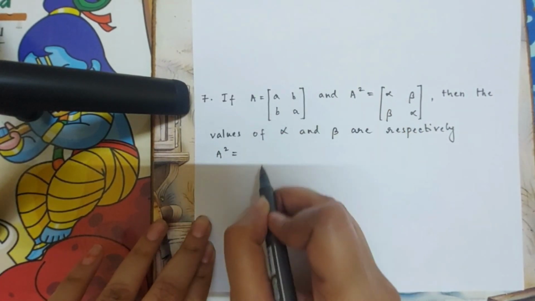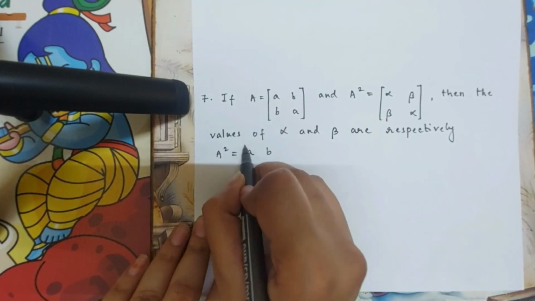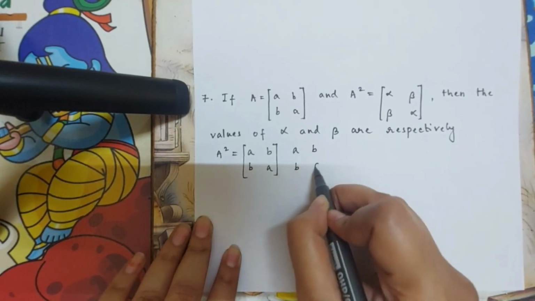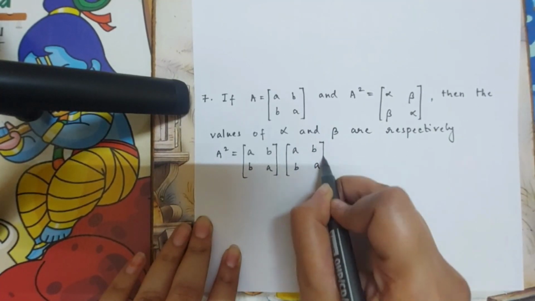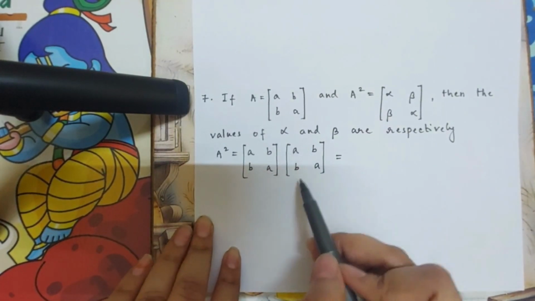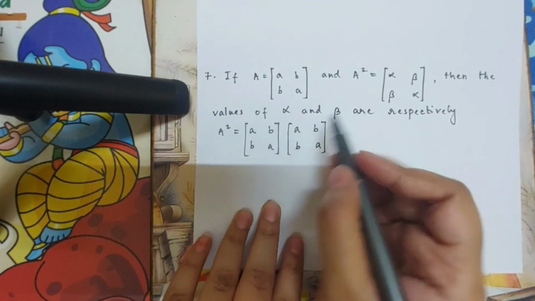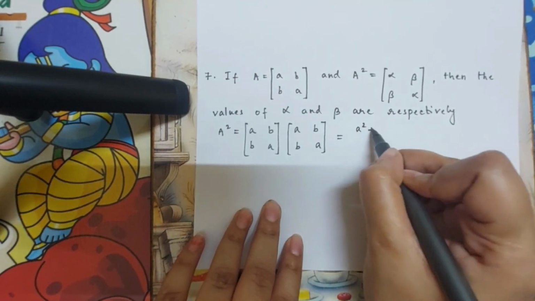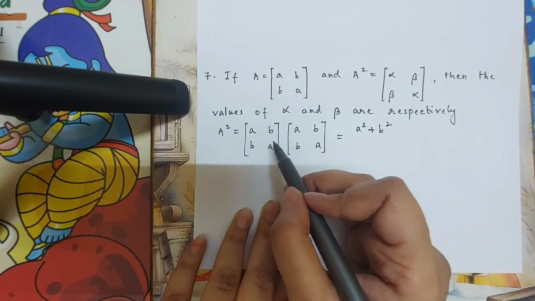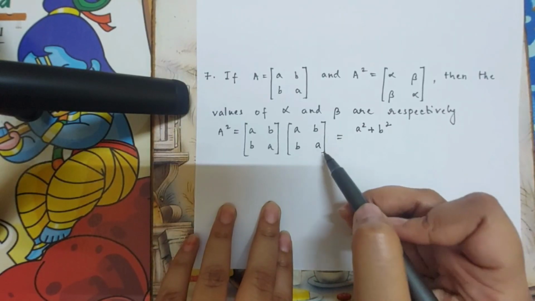So A squared will be equal to [a, b; b, a] multiplied with [a, b; b, a]. So first I'll be considering the first row and the first column. So this will be equal to a into a is a square plus b into b is b square. For the next element, I'll be considering the first row and the second column.